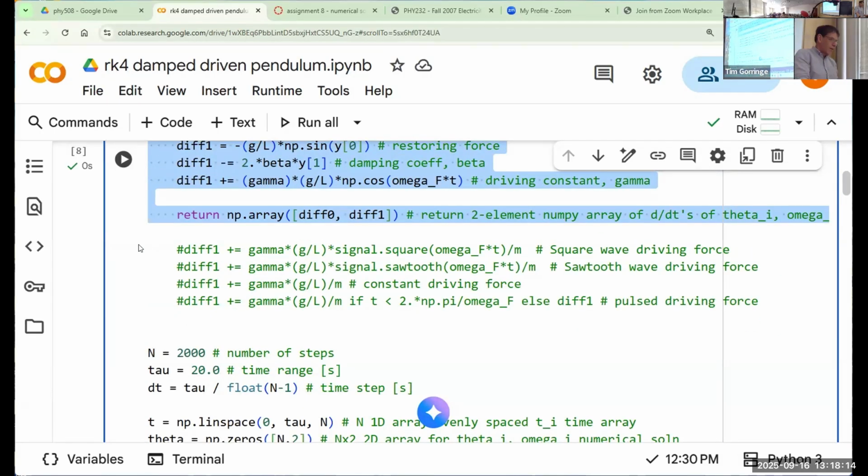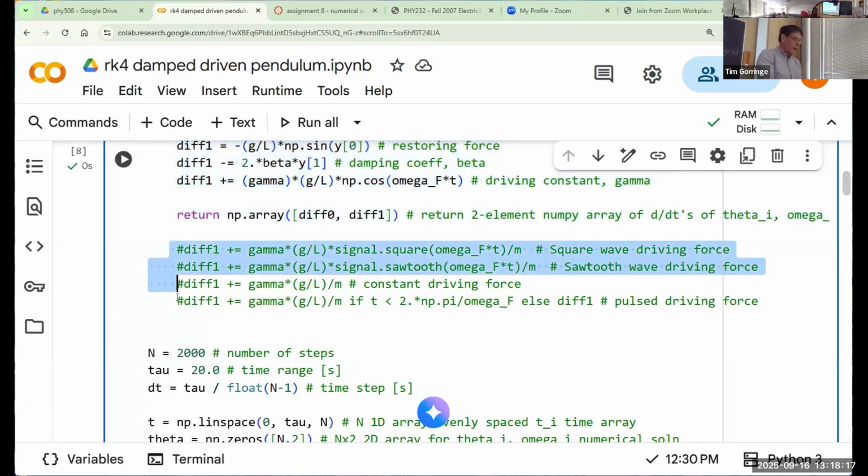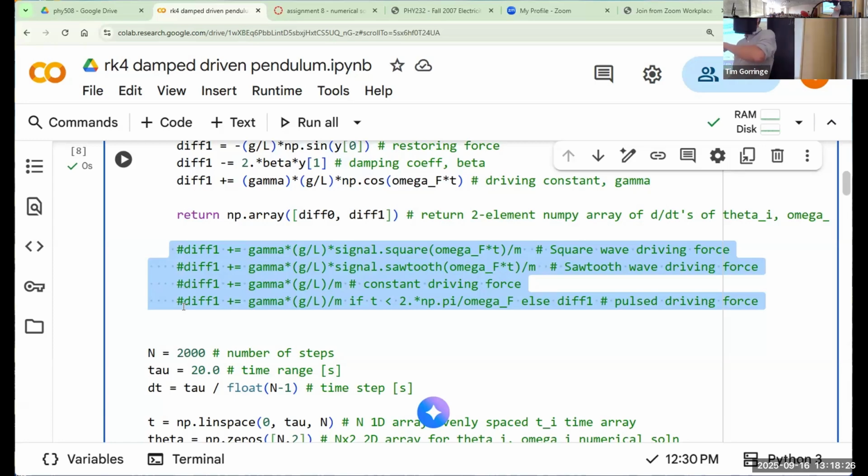I was playing around, as I mentioned, with driving force functions that are non-sinusoidal. This is one of the great things about numerical solutions. It's very easy to do that. Right now in my differential equation I have a sinusoidal function, but it would be easy to replace this sinusoidal driving force with a square wave driving force.